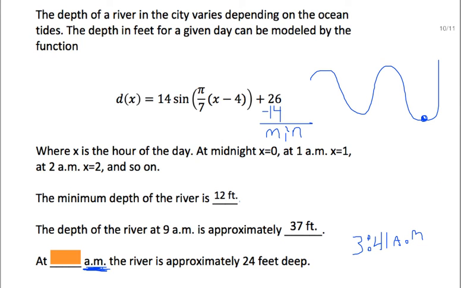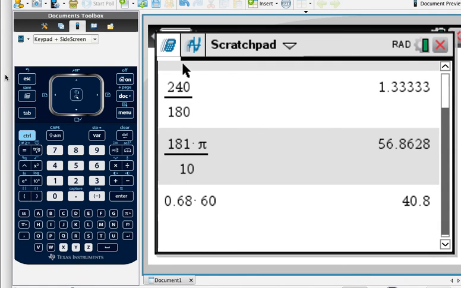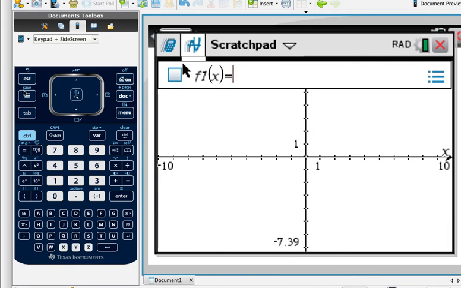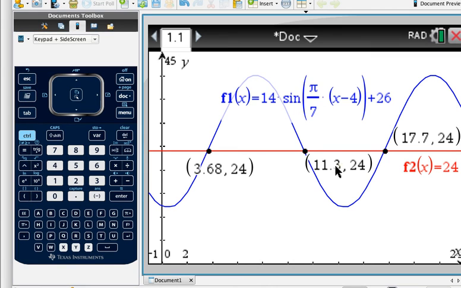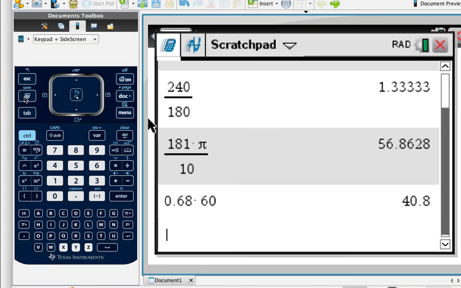And the other answer choice, let me look. Let's go back to our graph. 11.3. So let's calculate what 30% or 0.3 of 60 minutes is. Hopefully you guys are understanding.